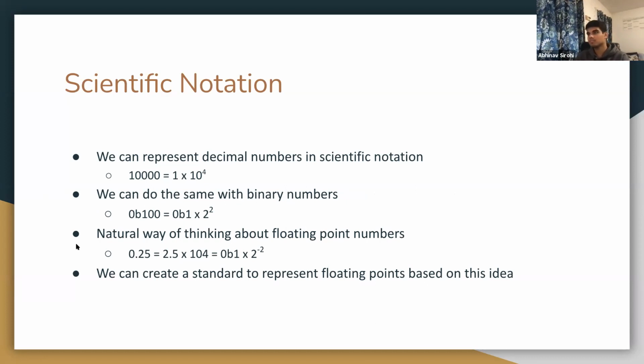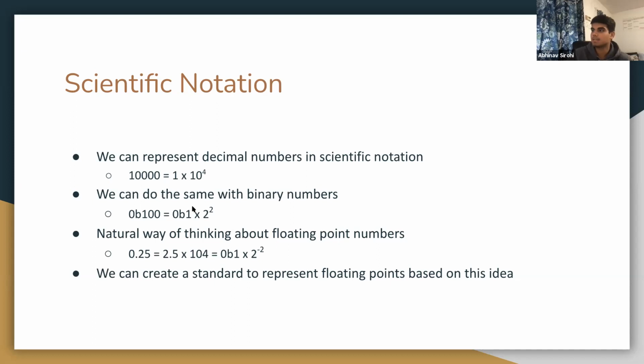We all know scientific notation. It's basically taking the number and getting the base to be between 0 and 1, and then we multiply by a power of 10 in order to shift the decimal point over.